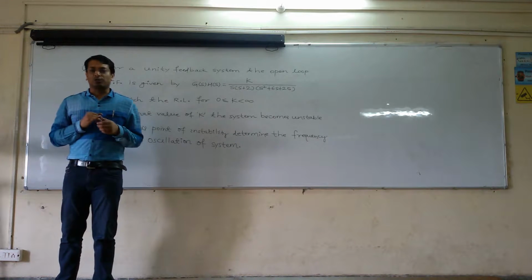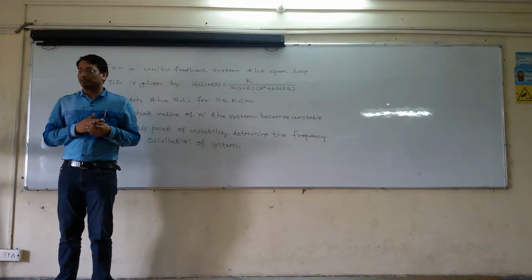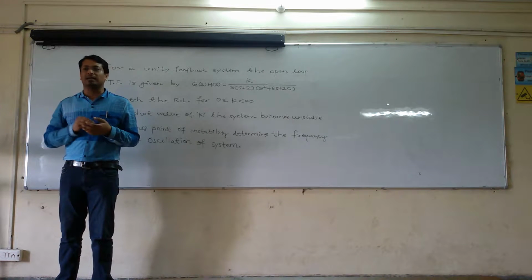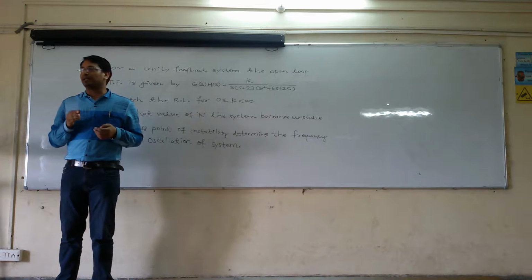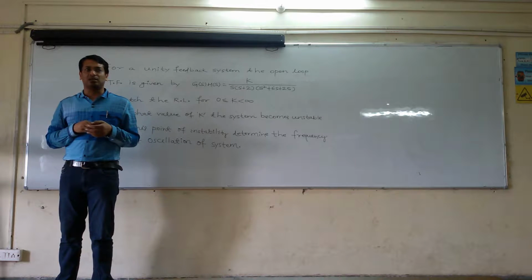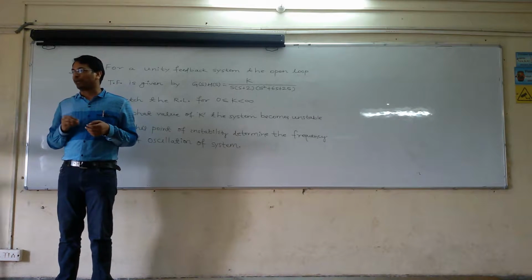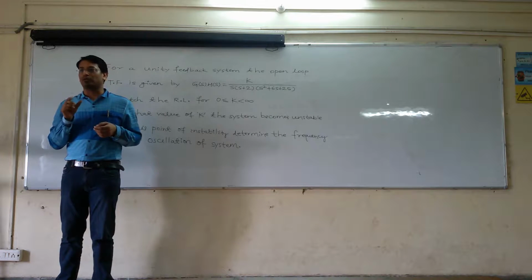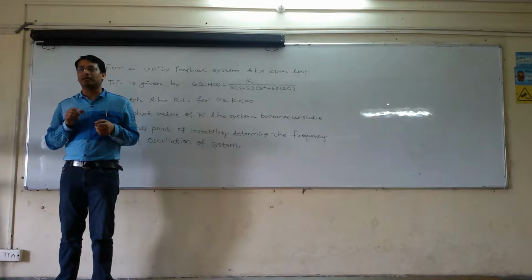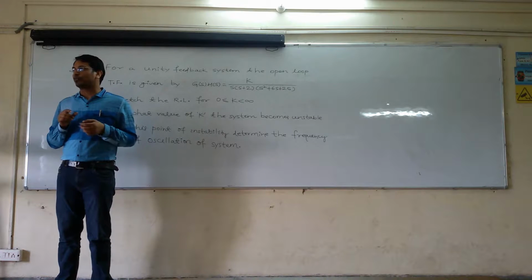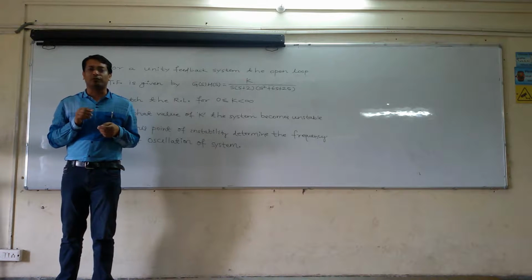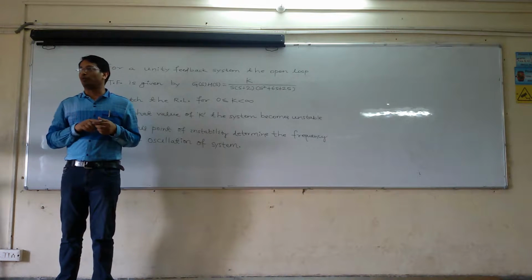Correct? The next point was about intersection with the j omega axis, or imaginary axis. To find the intersection, you have to start with the characteristic equation. You construct the Routh array in terms of k and look at the elements of the array to see if there is any possibility that, for some value of k, a whole row becomes 0.